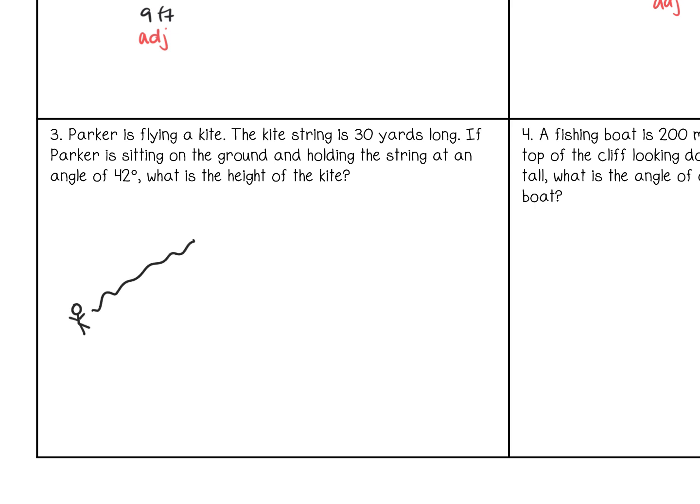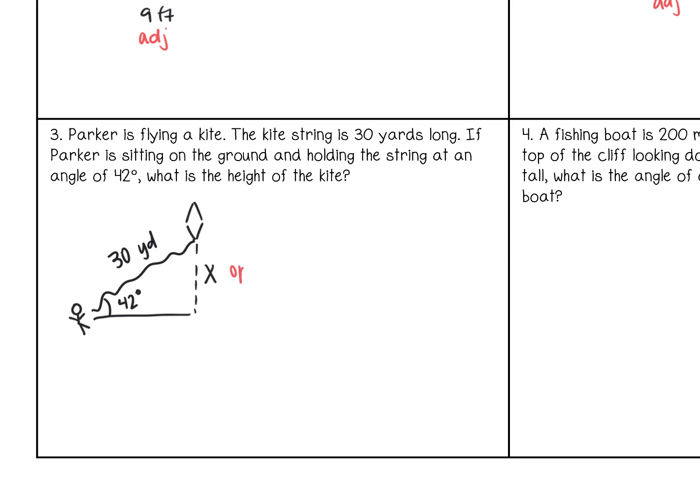He's got his string that goes to his kite. We know the angle with the ground is 42 degrees. The length of the kite string is 30 yards. The height of the kite is how far it is off of the ground.